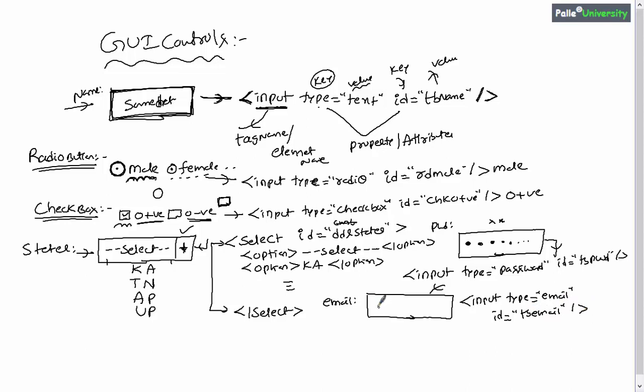So inside this text box you are allowed to write only email IDs. In my case maybe lokanatha.palle@sometechpalle.com, something like this I can type as my email ID. In case you type an invalid email ID, obviously you will get an error message. It will show you some error message.